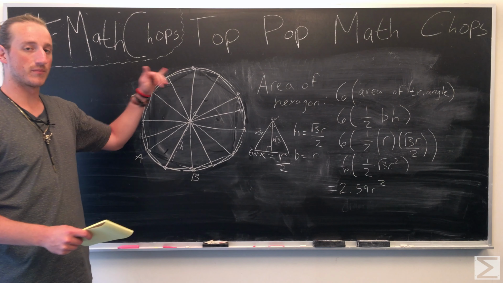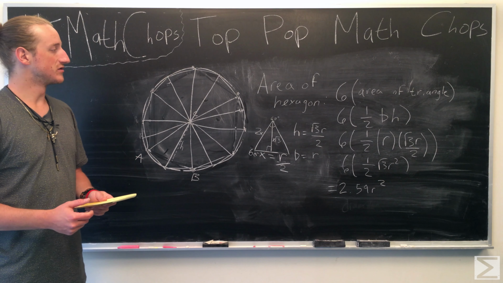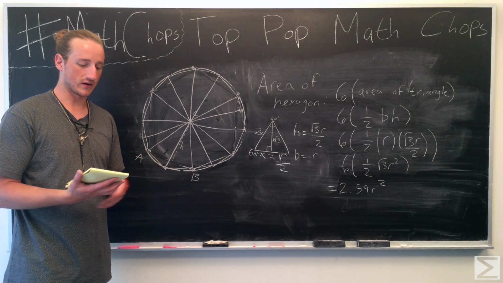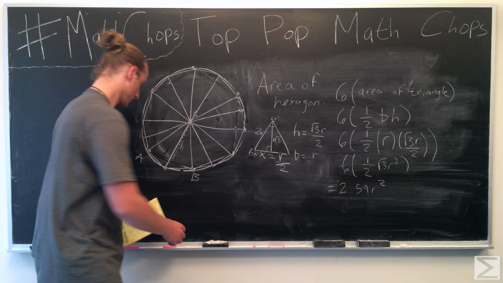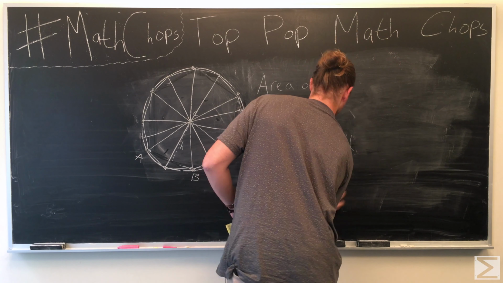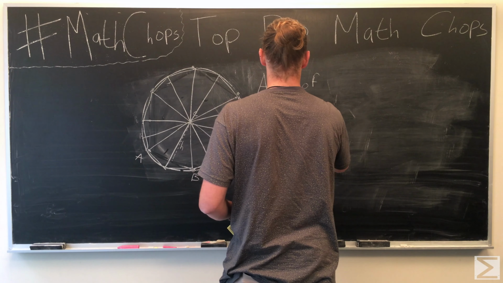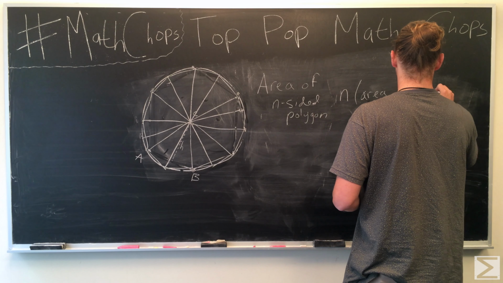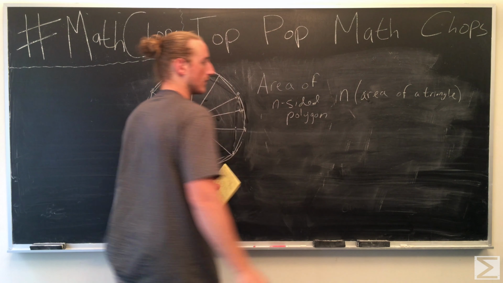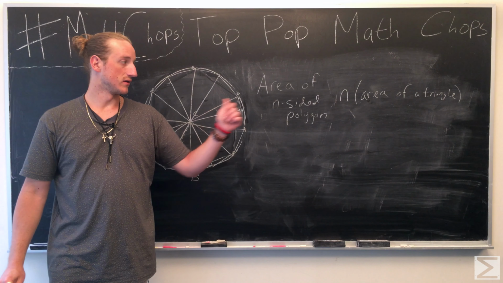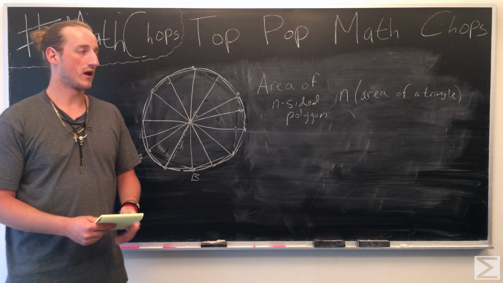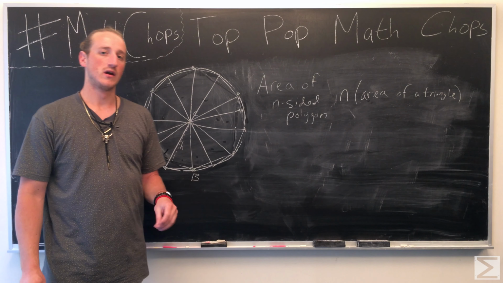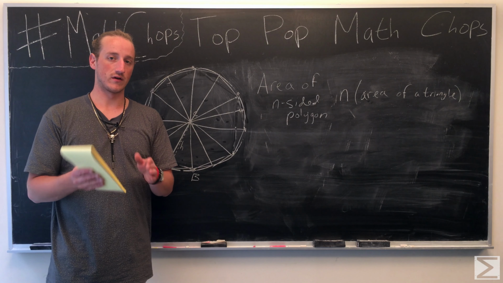It's going to be an n-sided polygon, so just imagine n going to infinity, and then we can look at what the area would be then. So again, the area is going to be however many sides the polygon has times the area of one of these individual small triangles. And as n goes to infinity, those triangles get very, very small.